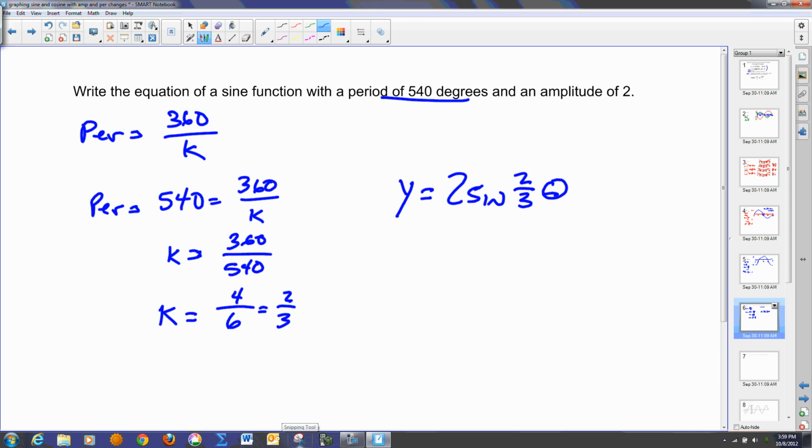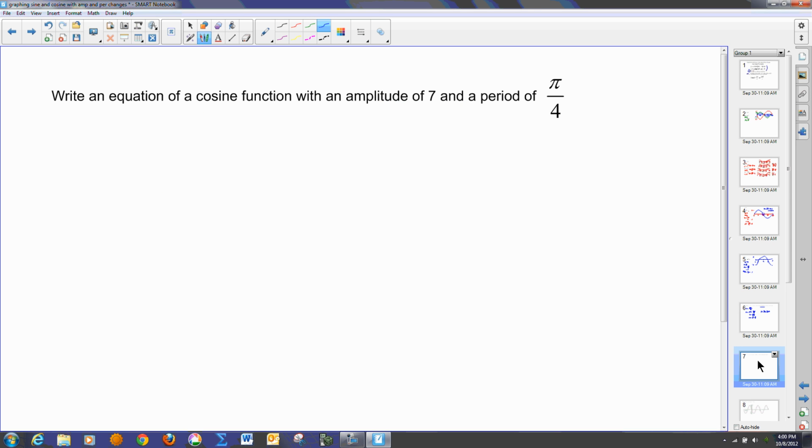Next example. I'm going to write a cosine equation with an amplitude of 7 and a period of pi over 4. So now we're working in terms of pi. Period, once again, is equal to 2 pi over k. So now I have pi over 4 is equal to 2 pi over k.